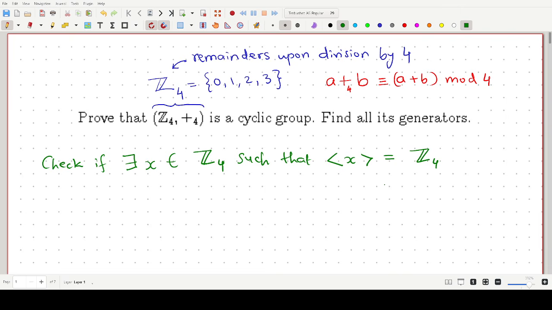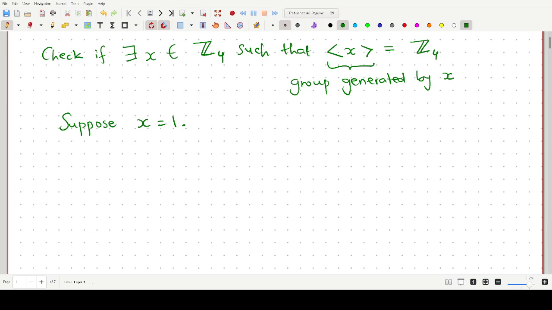So this symbol over here means the group generated by X. Since we need to prove that this is a cyclic group, even if we identify a single element X, it should be enough. So suppose that we let the value of X be equal to 1. Now, let us see if the generated group of X is equal to Z4 or not.